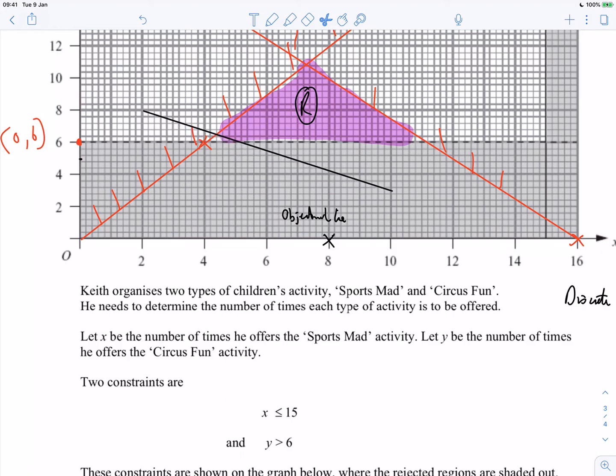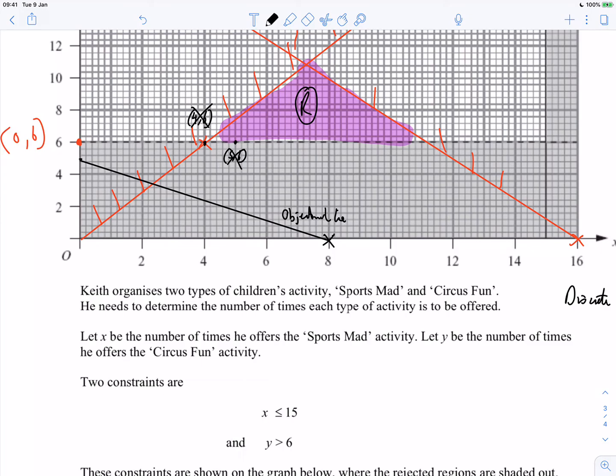So really, I need to test the integer solutions in the neighbourhood of here. So let's think about that. Where are they? I can't have this one, which is 4, 6. I can't have that. I can't have 5, 6.